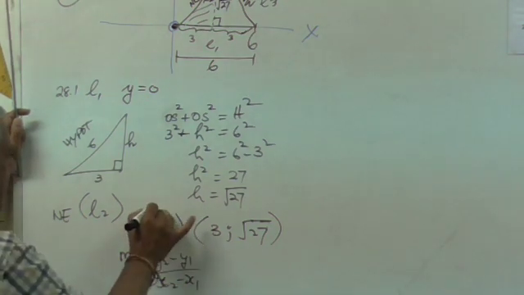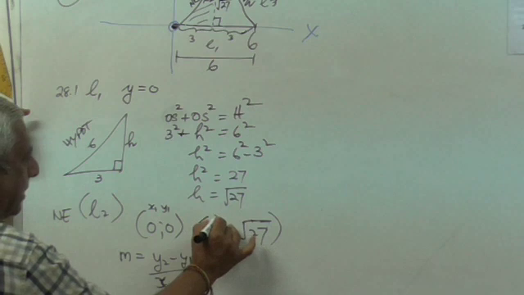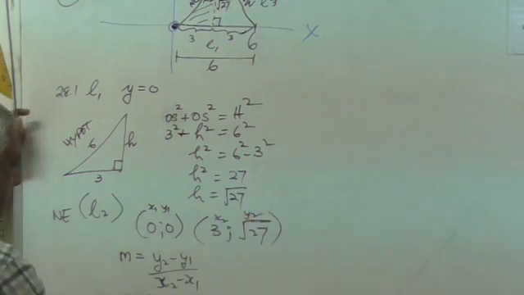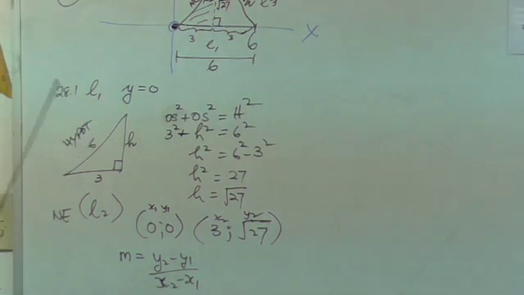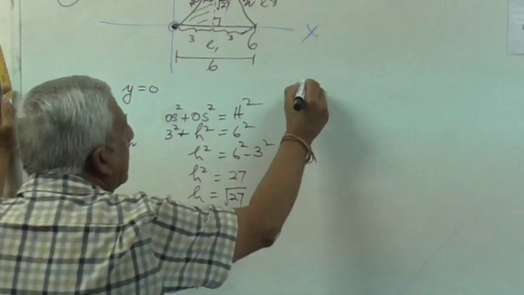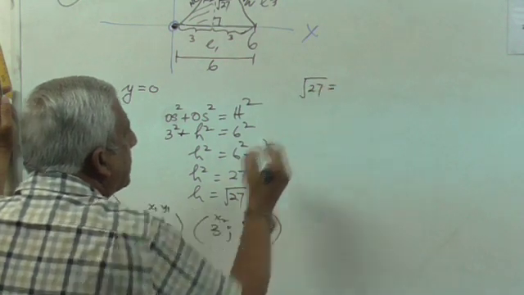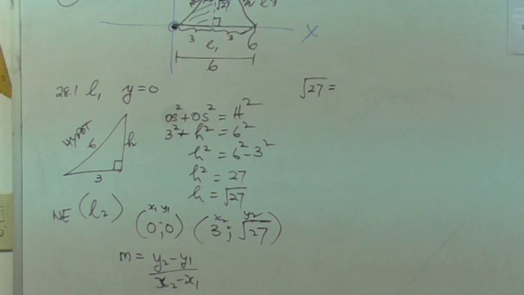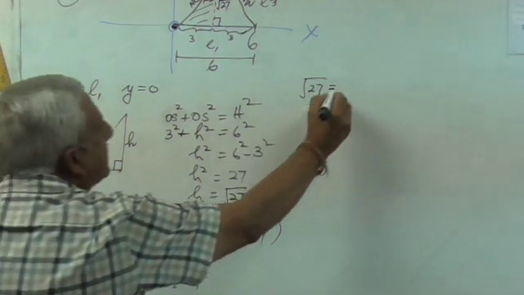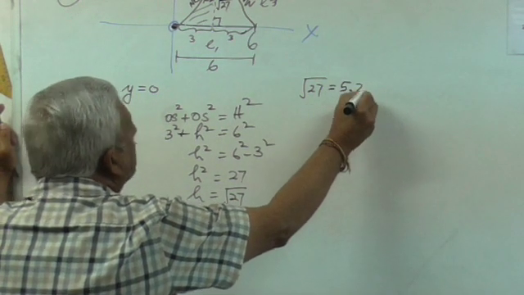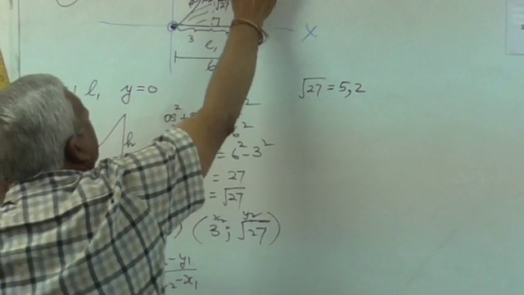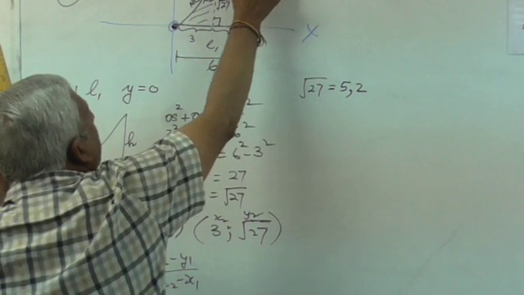So let's call this x1, y1, x2, y2. Let's take the root 27 and find its value. In the calculator, you'll find that root 27 is equal to 5.2. So instead of saying root 27, it's better for me to say 5.2.